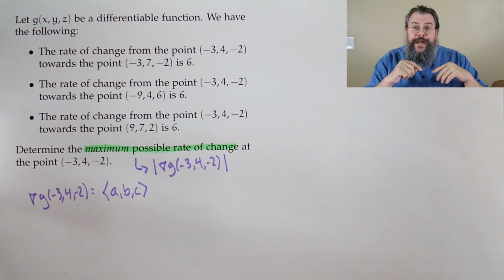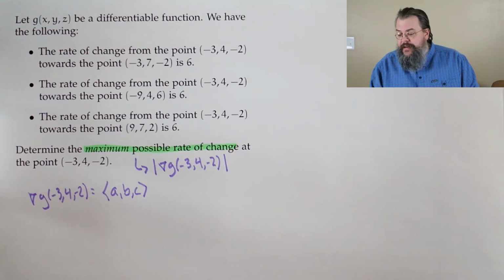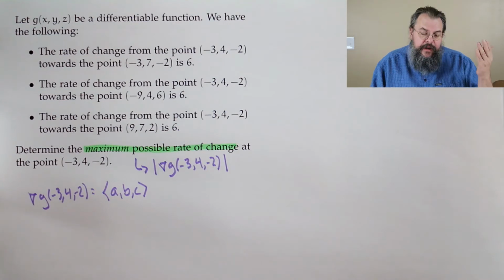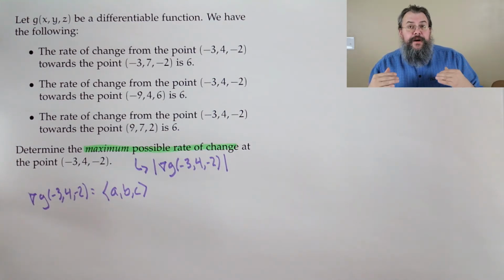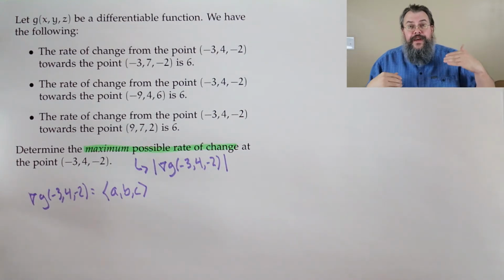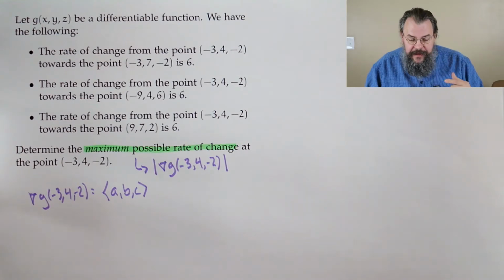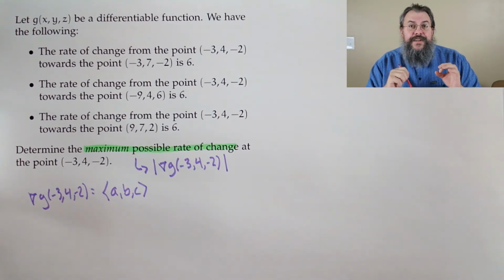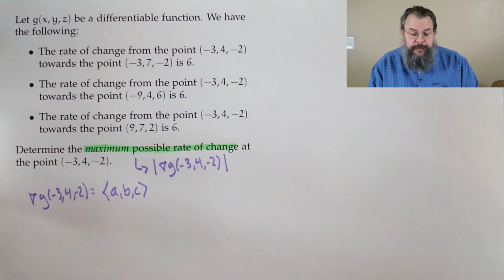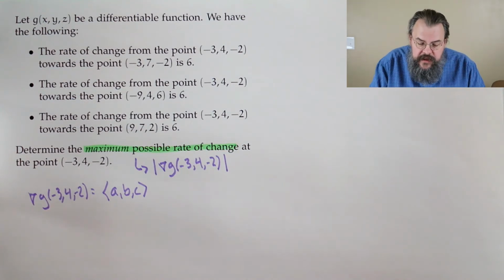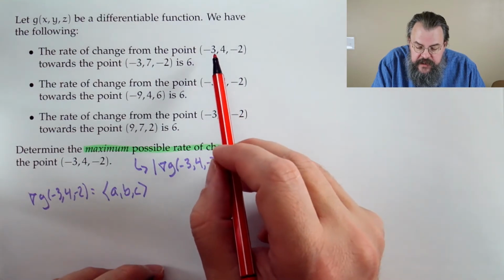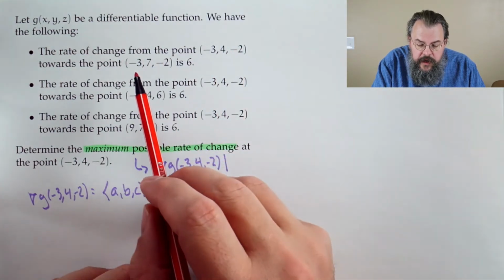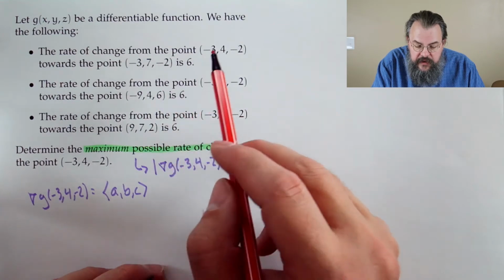All right, so now we kind of have an idea. Let's look at these bullet points, because all of these are about directional derivatives. They all have the phrase rate of change. They all talk about towards something, so that's saying in a particular direction. So if we can just figure out what the directions are, we'll be in good shape. So we're starting at minus 3, 4, minus 2. We're going to minus 3, 7, minus 2.